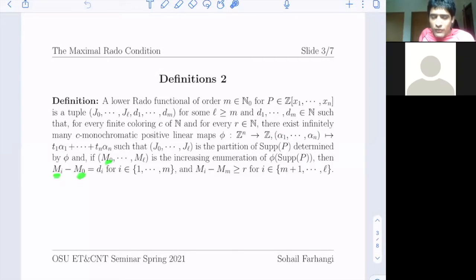And for upper Rado functional, we were just doing the largest. So for upper Rado functionals, we wanted these values, the biggest ones, to be equal to the prescribed integers, and then these other ones, the smaller values, to be large. For lower Rado functional, we just switched the order.